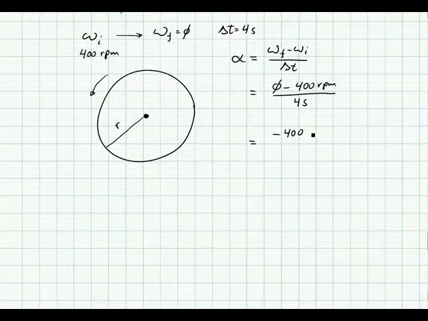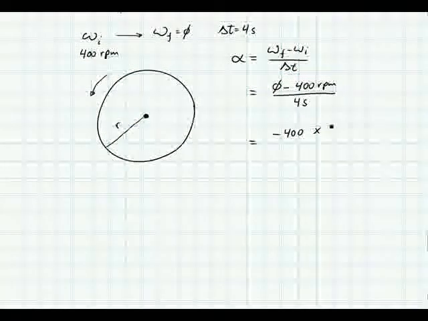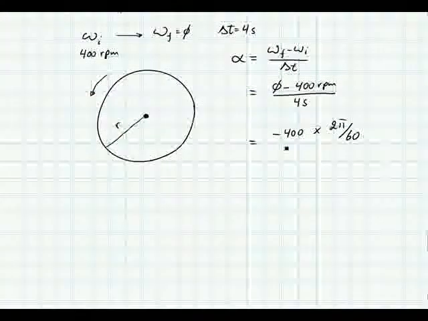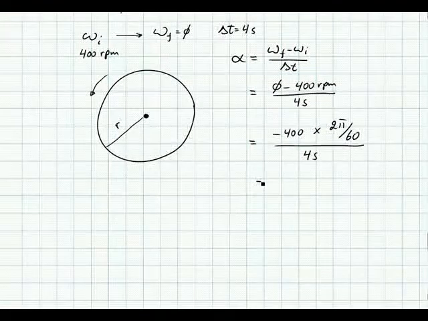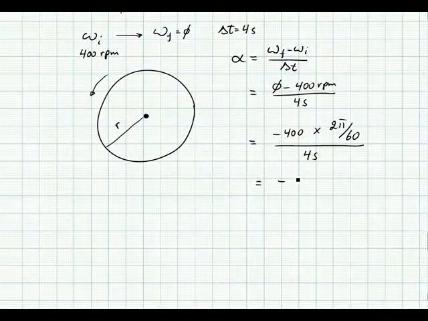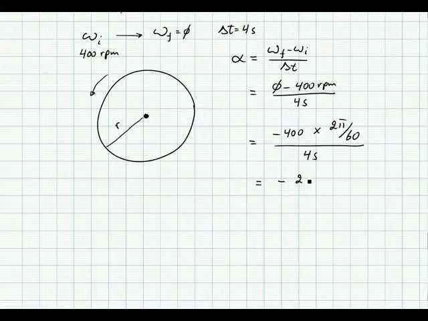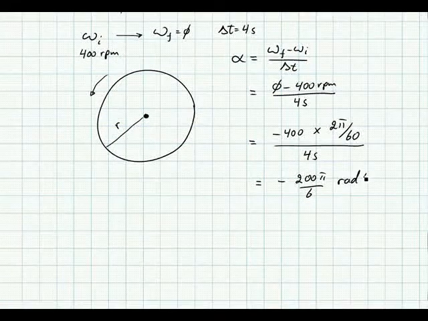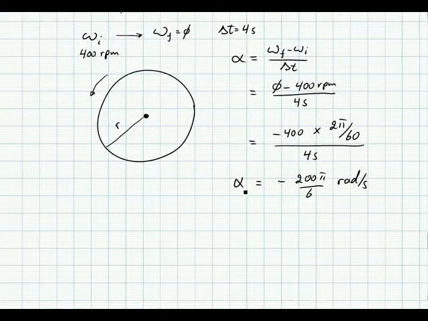You need to multiply RPM by 2 pi radians and divide it by 60 seconds to get radians per second. So you end up with negative 200 pi over 60 radians per second. So this is your alpha.